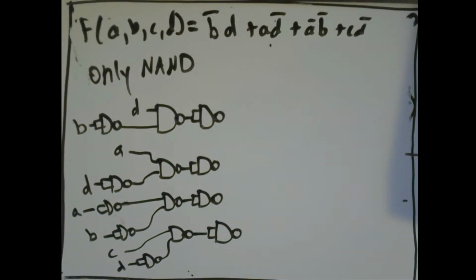So how do we do that? Well, we can create our OR gate using the NANDs. So let's go ahead and do that.